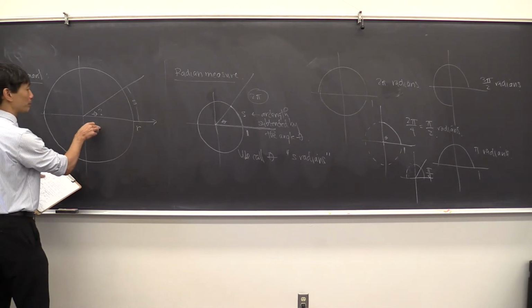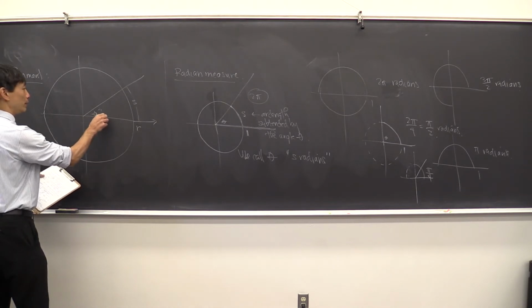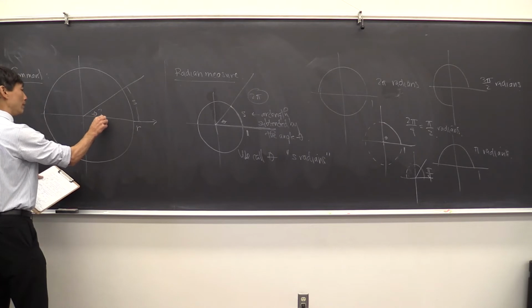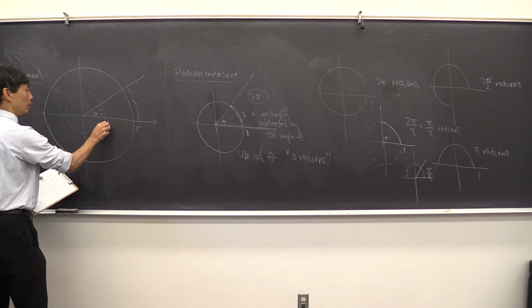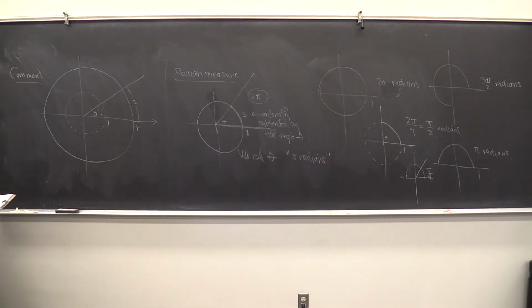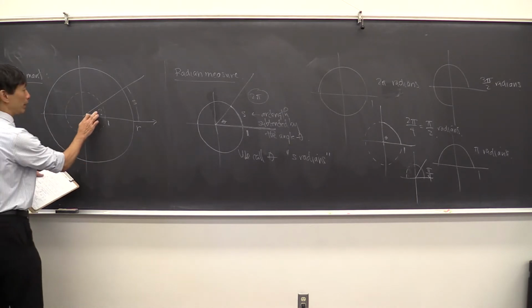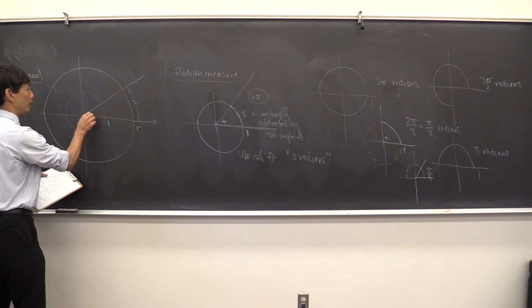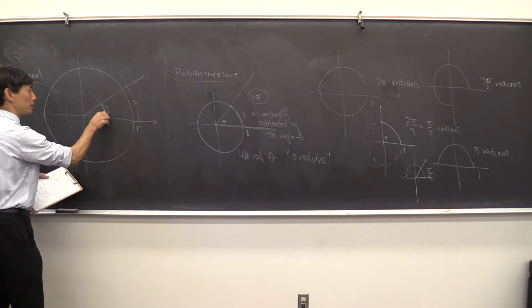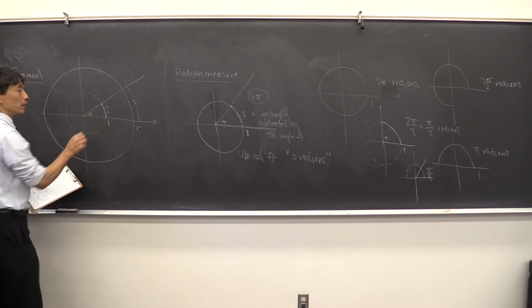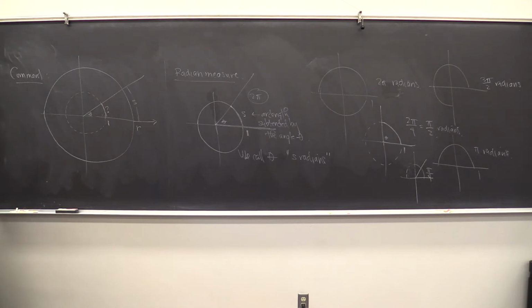Well, one way of thinking about it is, let's put a unit circle inside there and figure out this length. That length is going to be the angle in radians.